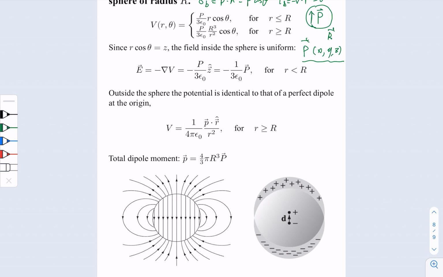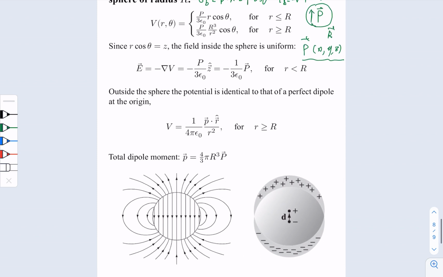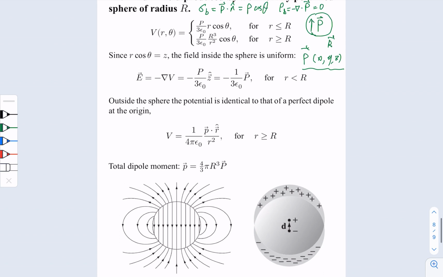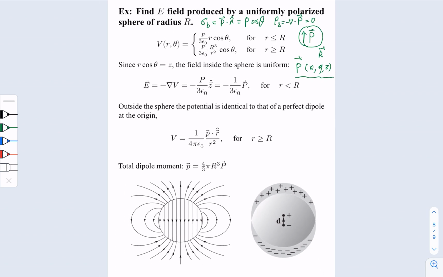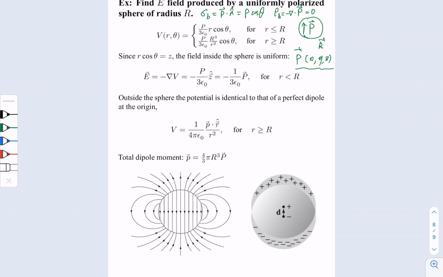So the problem can also be solved in an alternative way. Instead of looking for the bound charge distributions by doing the P dot n and the del dot P, we can also think of it intuitively as a uniformly polarized sphere made by aligning two spheres of opposite charge.